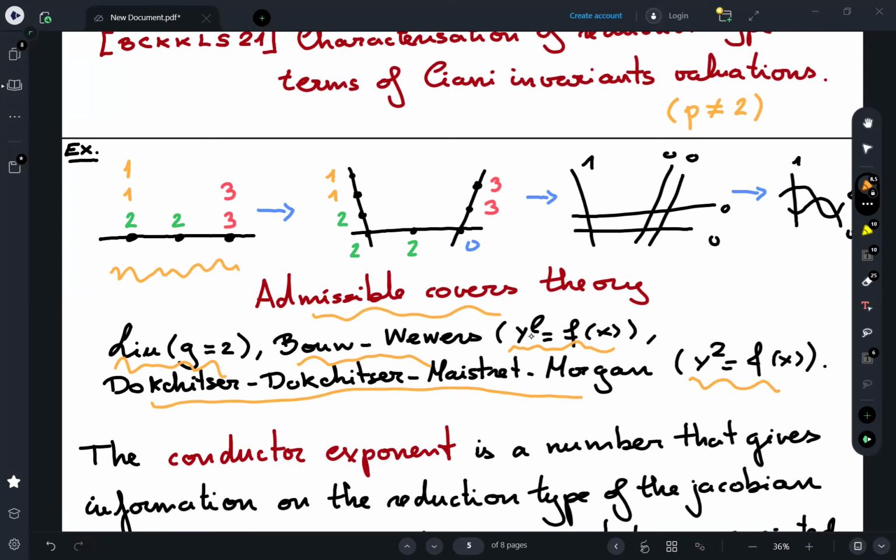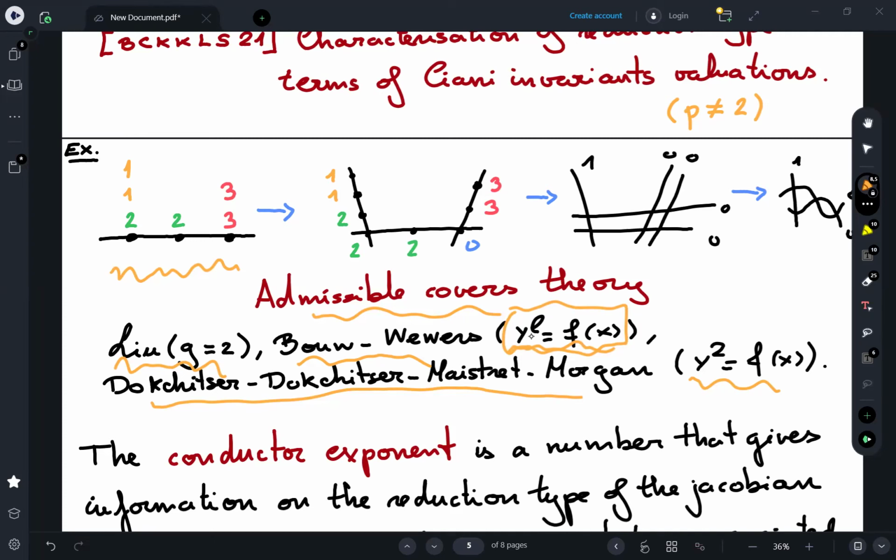But as I said, what is nice about Ciani quartics is that they are not a special type of superelliptic curves. In all those works, they used very strongly the fact of having this cyclic cover of P1, so we had to use different techniques.